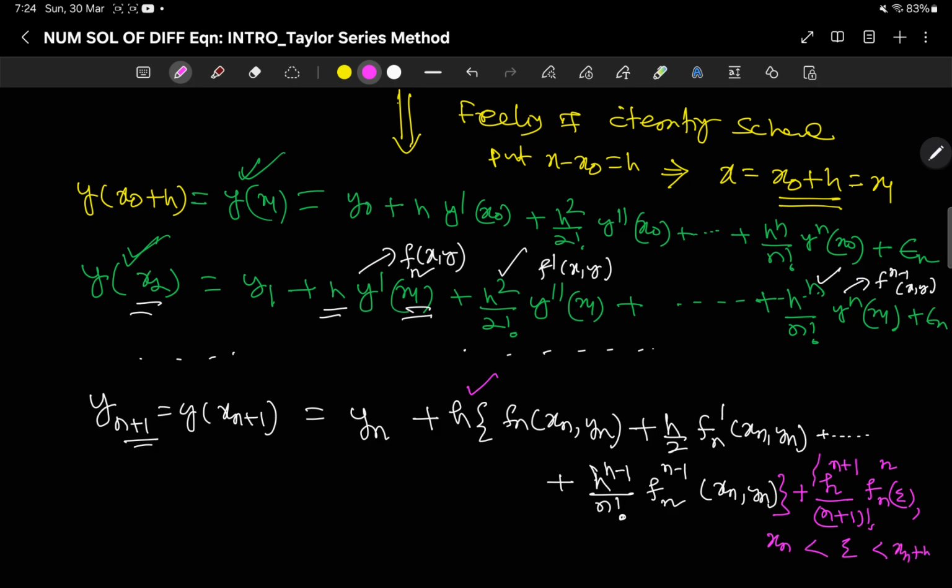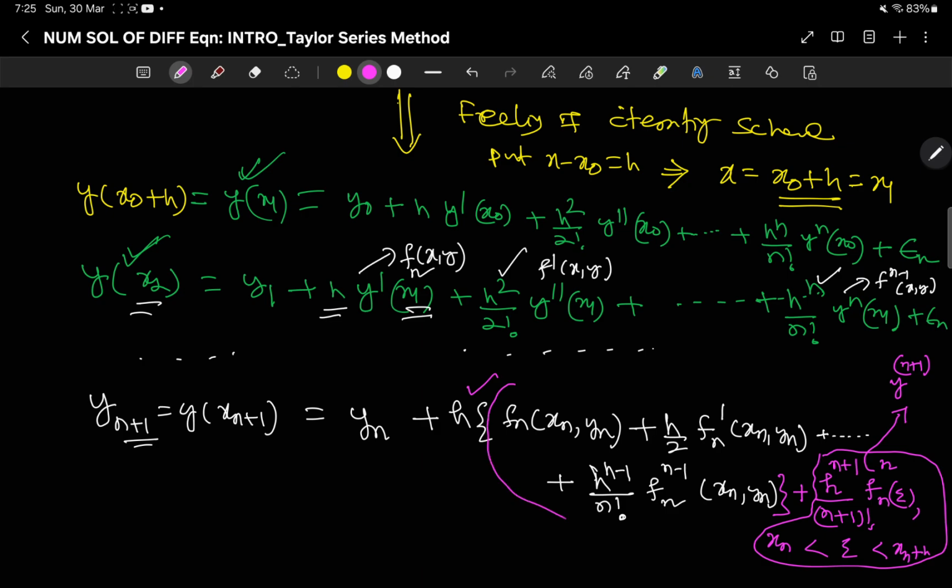Now this term is my error term. Here this f_n can also be replaced by y_(n+1).